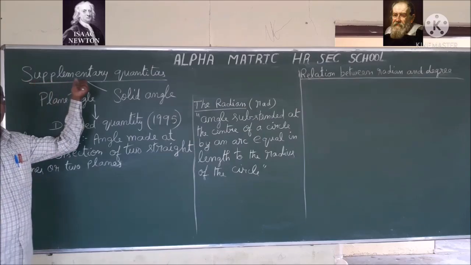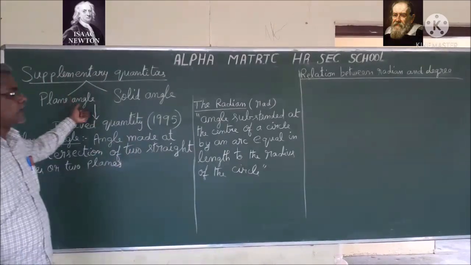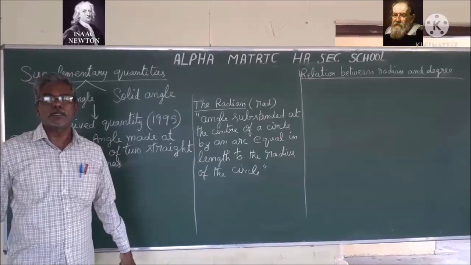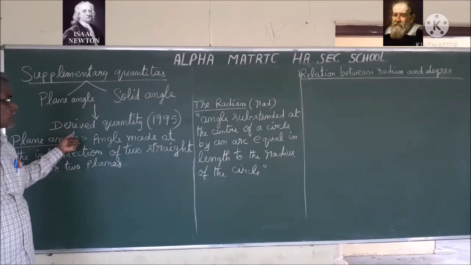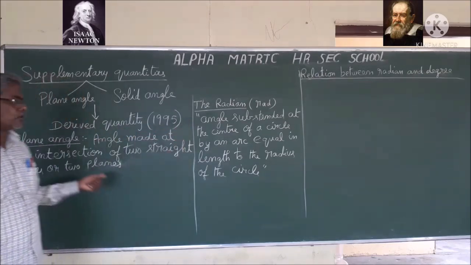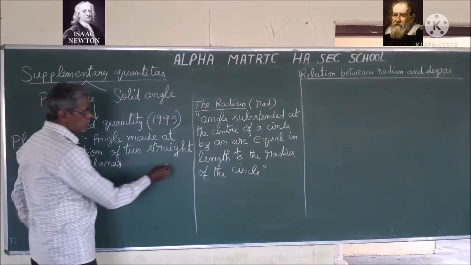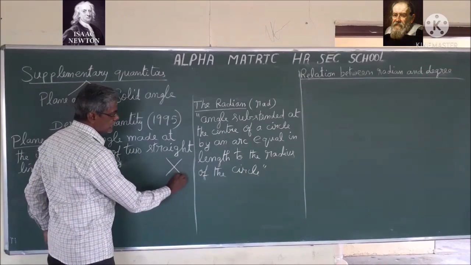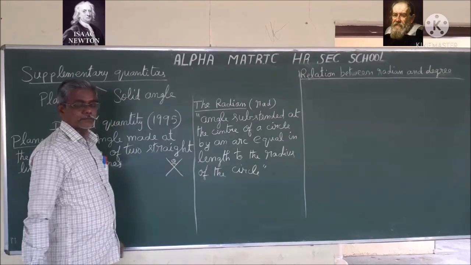Now we are going to discuss supplementary quantities. It has two types, plane angle and solid angle. These supplementary quantities were converted into derived quantities in the year 1995. Now we are going to discuss plane angle. Let us take two straight lines intersecting at one particular point, which makes an angle theta.